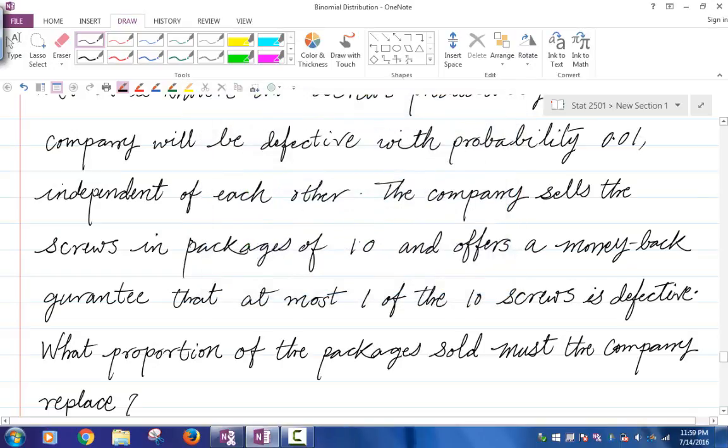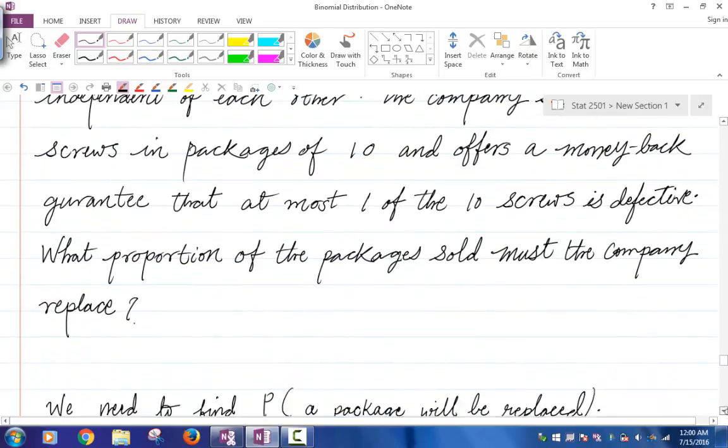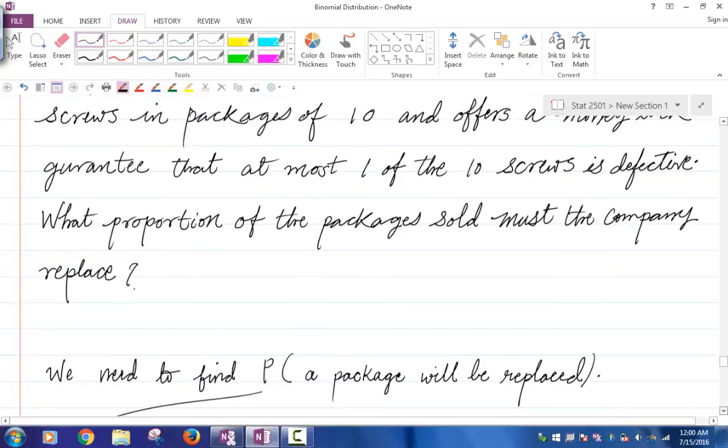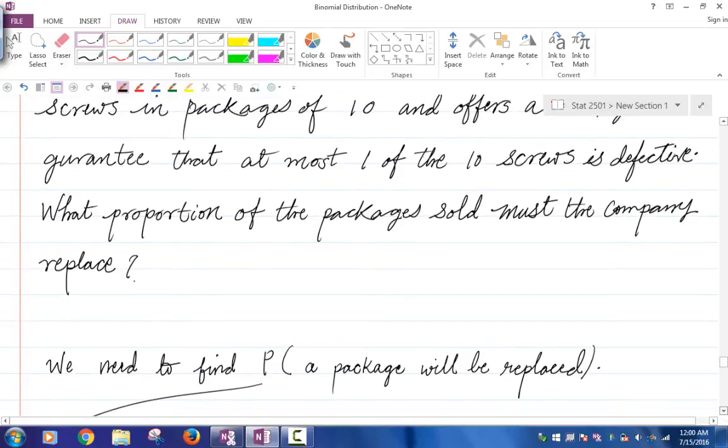Well, let me express the proportion as a probability. We are basically looking for the probability that a package will be replaced. So what we want to find is the probability P of the event that a package will be replaced.